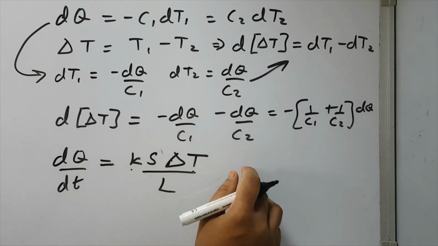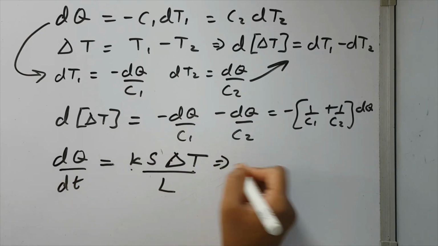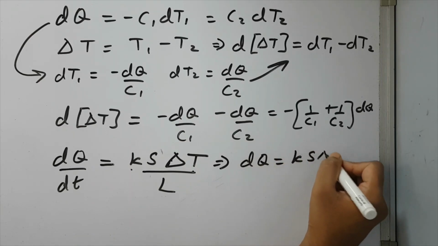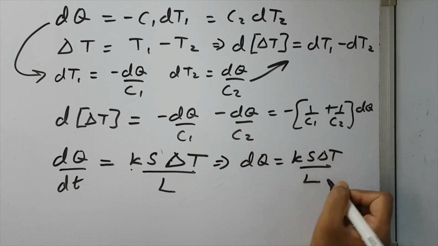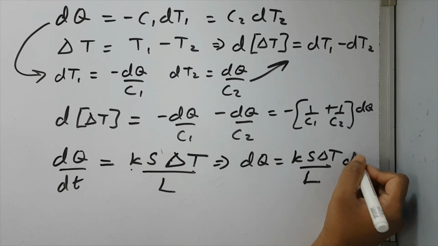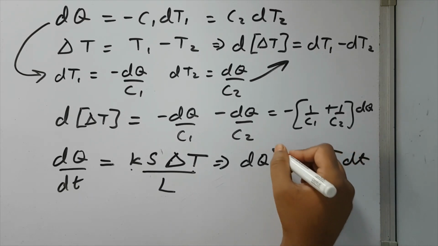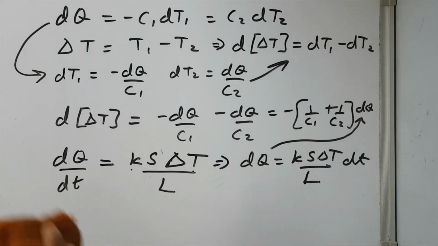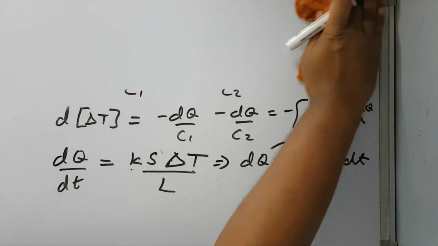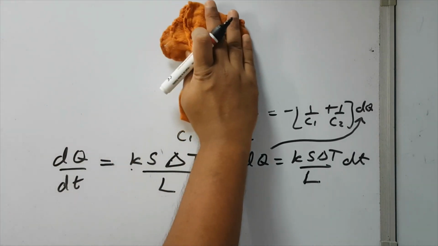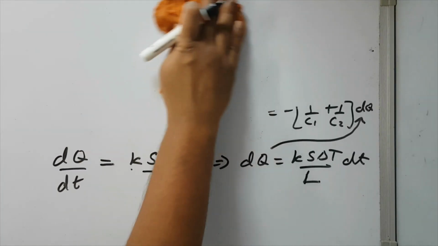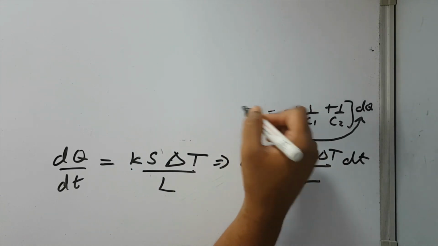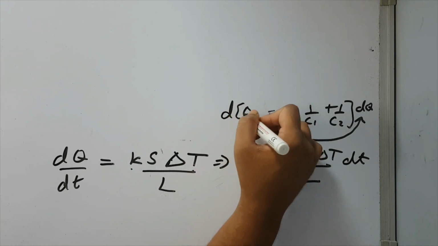L. Okay, so from here you could write dQ is equal to kS delta T by L into dt. Now we can substitute this dQ here, so let's see what do we get. This was d of delta T.